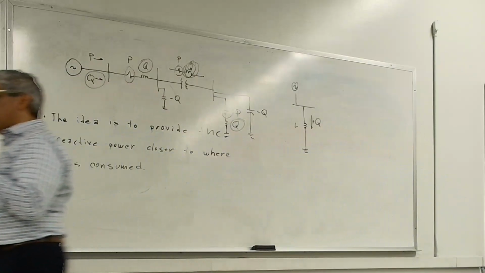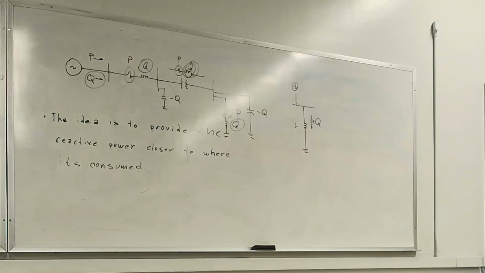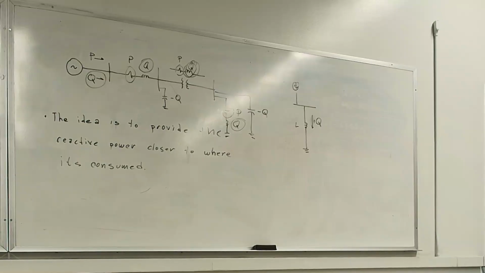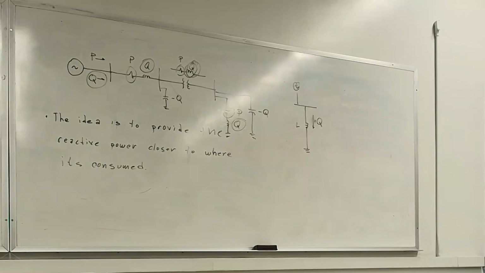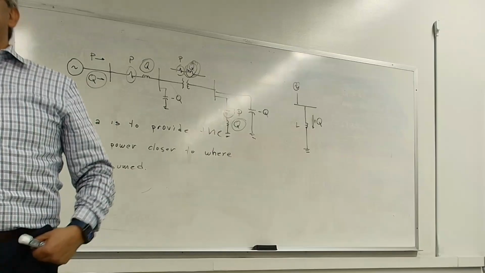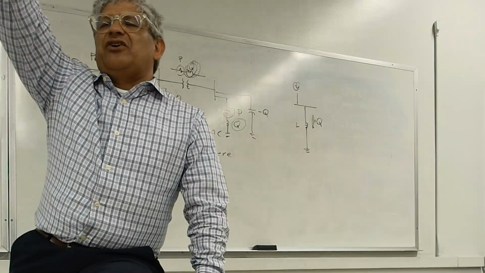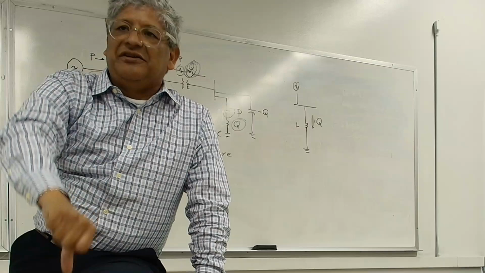This is how we electrical engineers define it. We define it this way. We're going to freeze the system in such a way that the minute we decide to freeze it, to put the system into steady state, vars are flowing into the reactor.